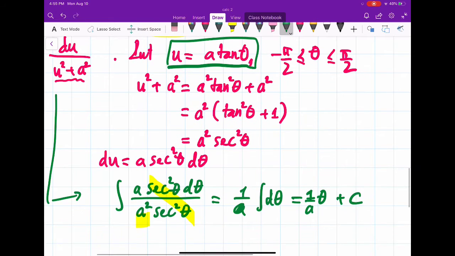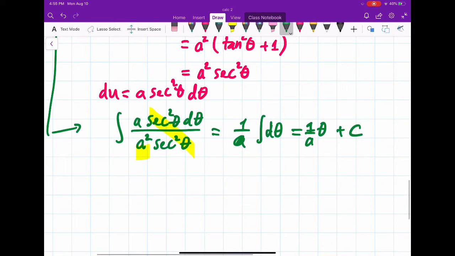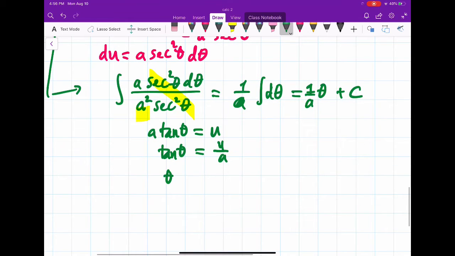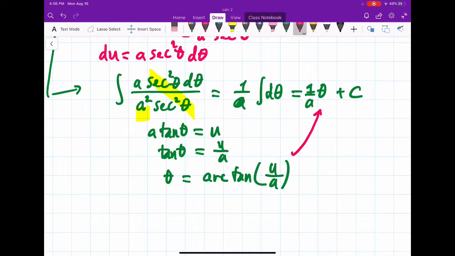So you solve for theta. Let's solve that from the substitution. You have tangent of theta equal to u over a, and theta is arctangent of u over a. And then you substitute this into the answer.